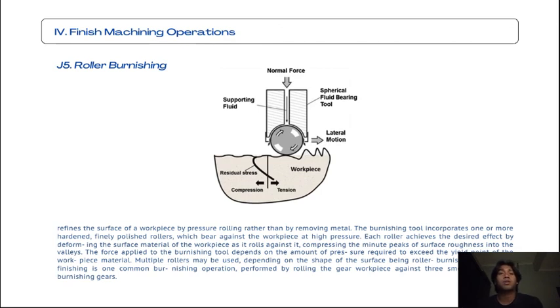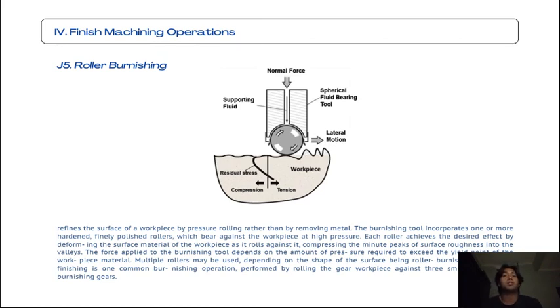Gear tooth finishing is one common burnishing operation, performed by rolling the gear workpiece against three smooth, hardened burnishing gears. Compressive stresses left in the surface after the operation and surface work hardening improve resistance to wear and fatigue failure. The process limits the workpiece to about Rockwell 40C in hardness, with walls thick enough to withstand the force involved.